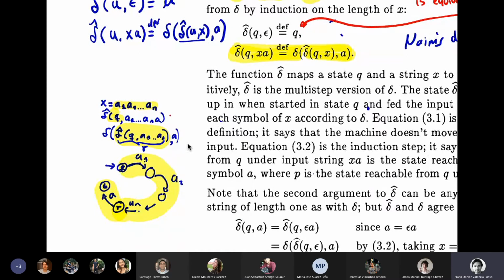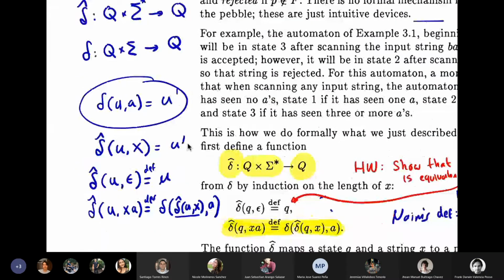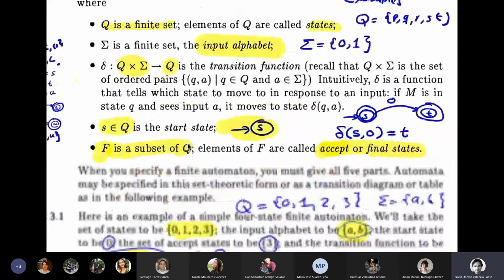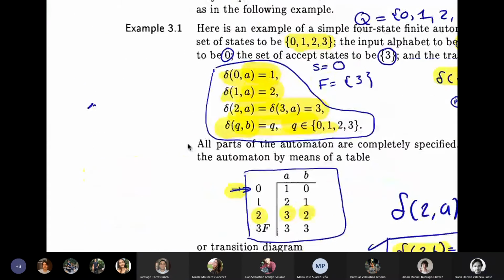Let's suppose that you want to find out, in this state Q, where you go after reading the string A1, A2, A. Okay? So, sorry, this is the other definition. It's an equivalent definition. Let's try this definition instead. I'll make a simple example instead.